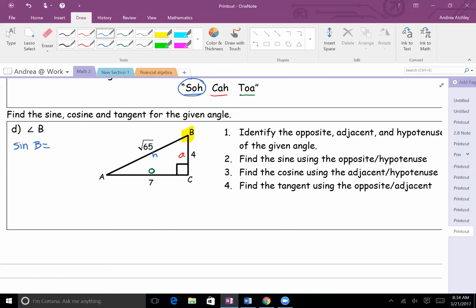Okay, so I take the opposite side over the hypotenuse, which we have, the opposite side is 7 over the hypotenuse of square root 65. And that's the sine of B.